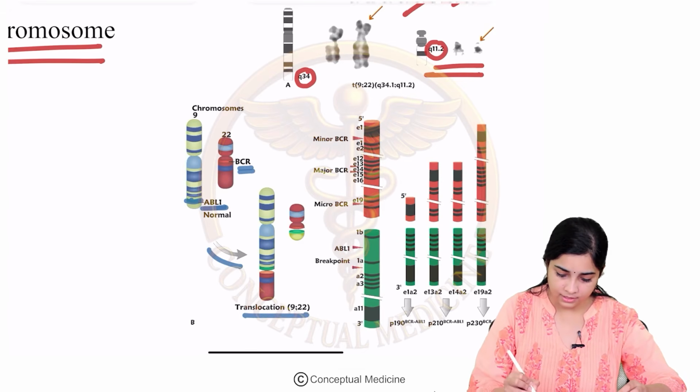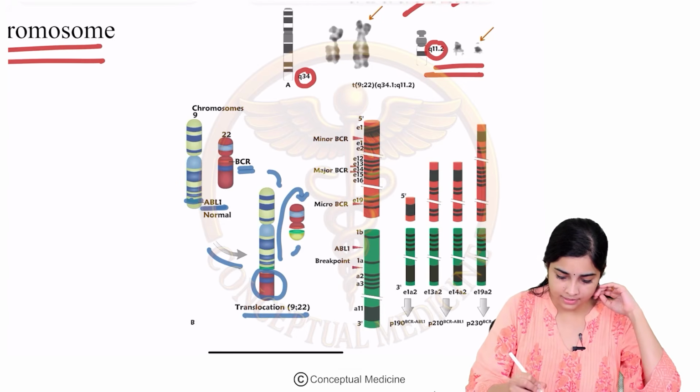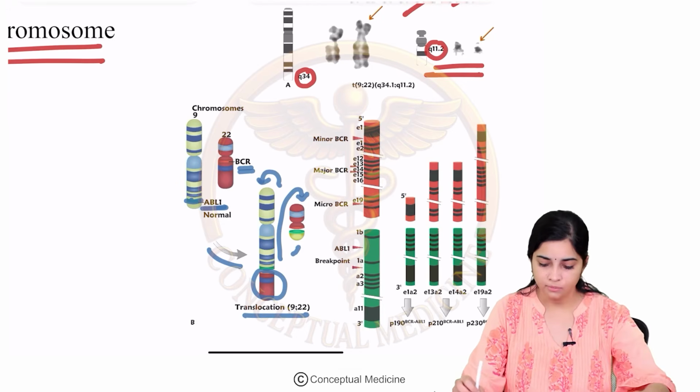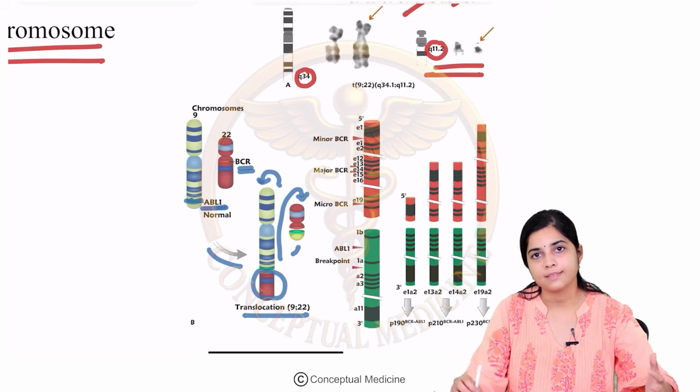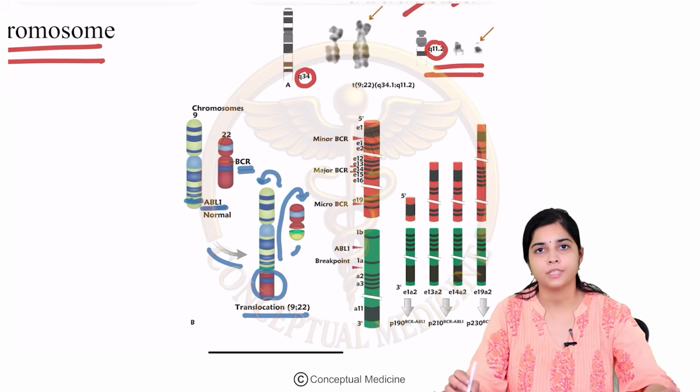Can you see how the ABL is removed and attaches to the region there, and the BCR is removed and attaches here? This is what we call the balanced translocation, or translocation 9;22.